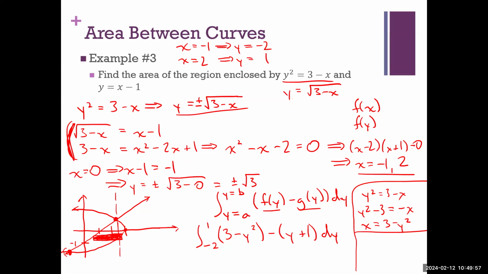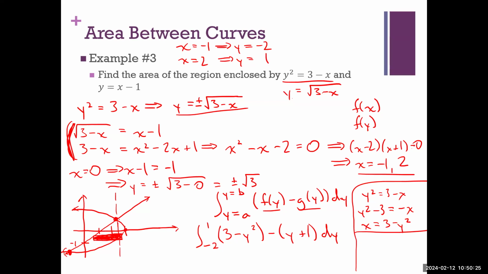Good question. What else? So we're not used to setting up integrals in terms of y like this. Why did we decide to do it? Why did I push us in that direction? Right. So that was the most efficient way to deal with that.